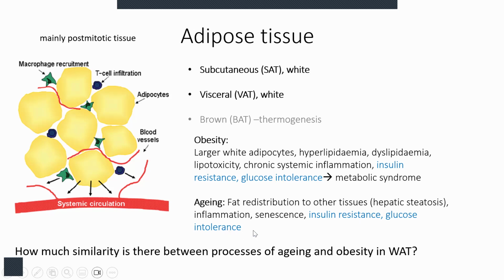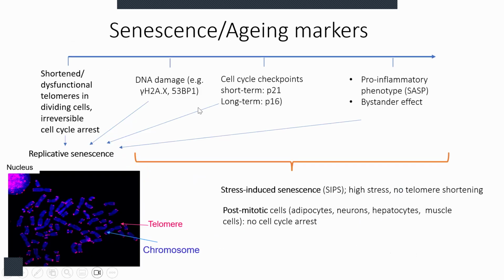and glucose intolerance. So our initial question was, how much similarity is there between processes of aging and obesity, mainly in visceral adipose tissue? For that, we have analyzed senescence and/or aging markers. So we looked at telomeres, which are shown here as pink dots at the end of the blue chromosomes. These are mainly shortening in dividing cells, and they lead to a reversible cell cycle arrest and eventually to replicative senescence.